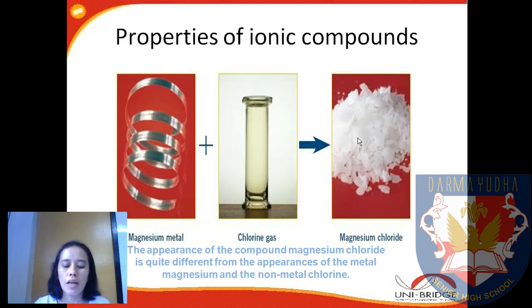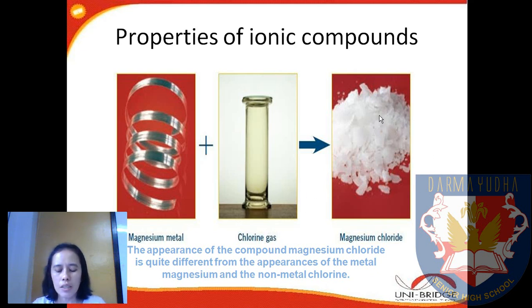Next, let's take a look at ionic substances. An ionic substance has positive ions, the example here is magnesium metal, and negative ions arranged in a regular lattice.